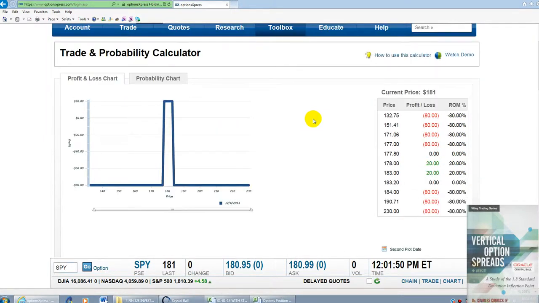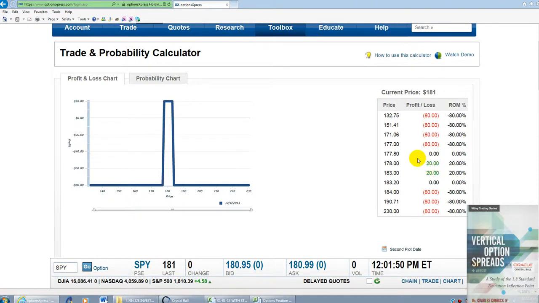Now in this trade, Options Express gives you a nice little payoff pattern. In 6 days or 5 days, right now the asset is priced at 181. And you can see that the maximum profit we can make on this trade is $20 with just one option. Multiplied times 10, that would be 200. Multiplied by 100, and it would be 2,000.